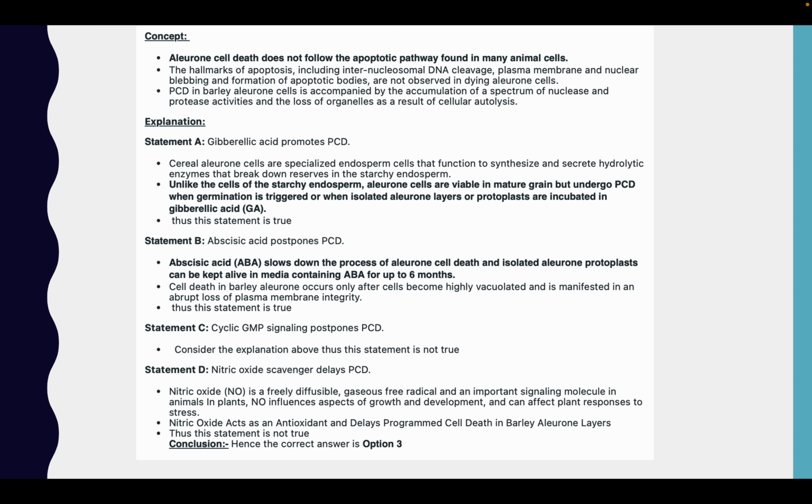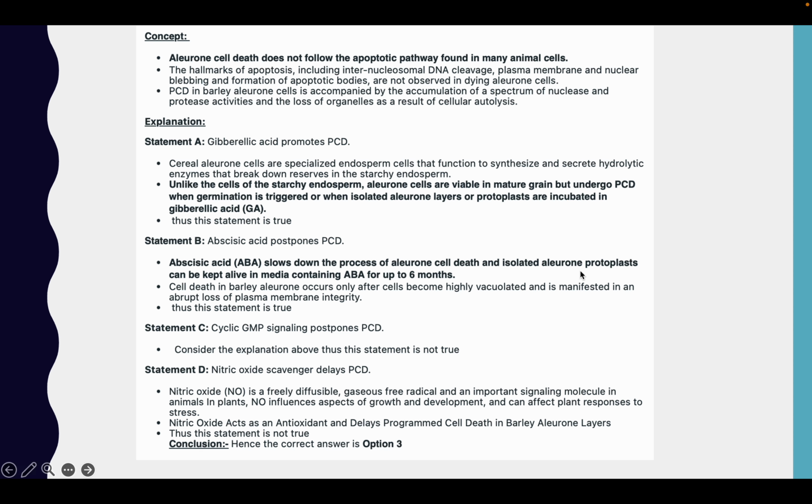It is kind of the same. Obviously nuclease and protease activity will be there. If nuclease and protease accumulate, protease can cause protein degradation, and nuclease will cause nucleic acid degradation. So it is kind of the same thing.